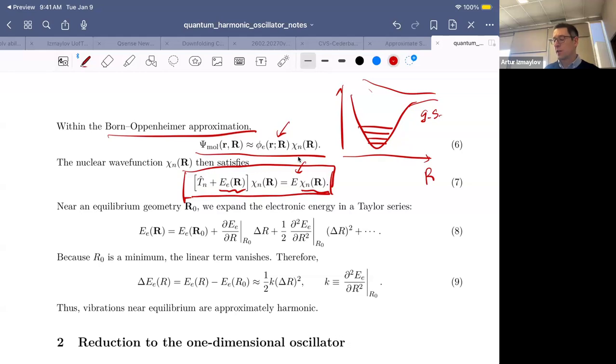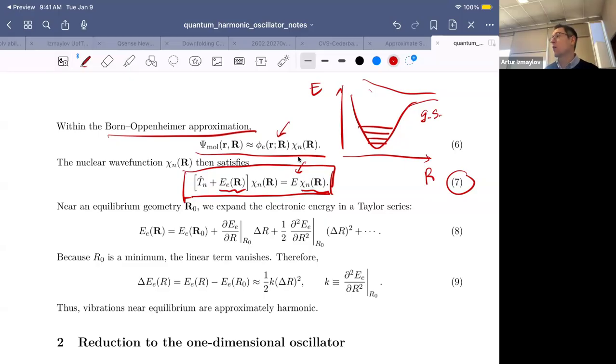Electronic energy creates the potential for the nuclei, and the nuclei behave again as quantum particles. And we will be solving, in this case, equation 7 with some approximations to get an idea how the nuclear eigenstates in, say, a diatomic molecule behave, right?